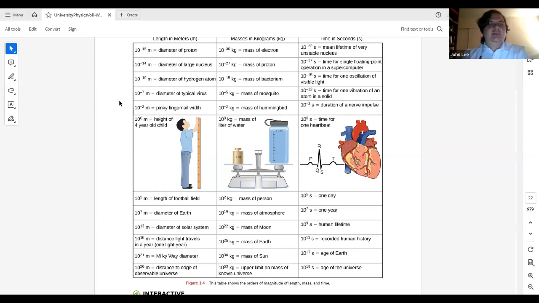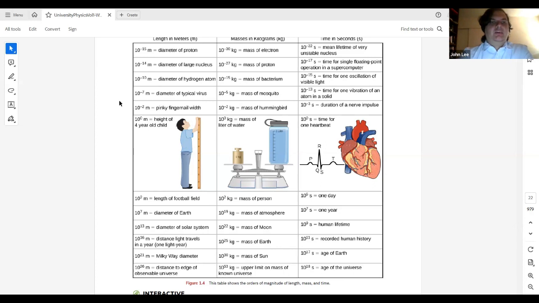So it's about 10 times as big as the diameter of a proton, which kind of makes sense because it's made up of a bunch of different protons. And 10 to the negative 10 meters is the diameter of a hydrogen atom. So a hydrogen atom is just an electron orbiting around a proton. I don't even think it has a neutron involved.